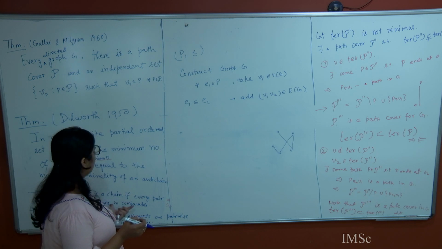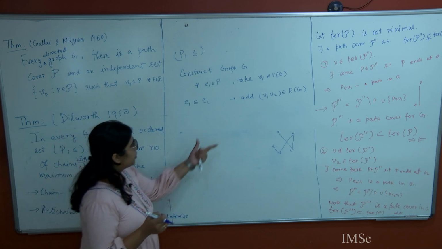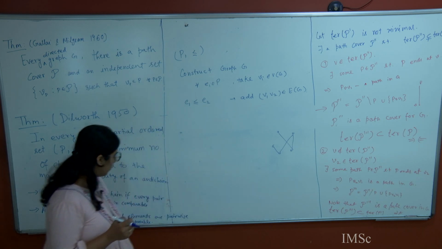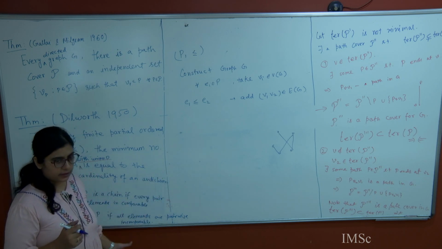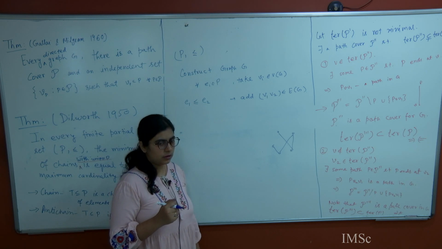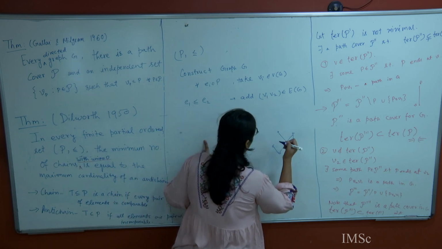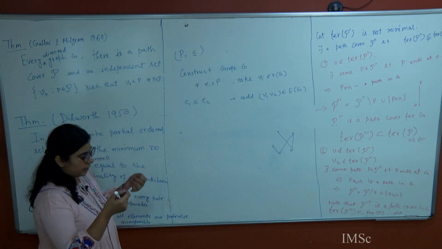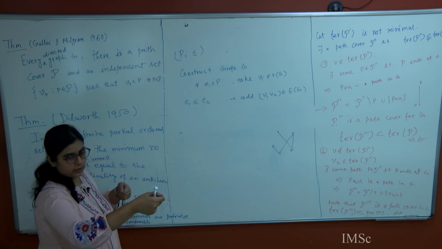So in G, how will we identify a chain? By a path, because any two vertices are adjacent only if they are comparable, right?